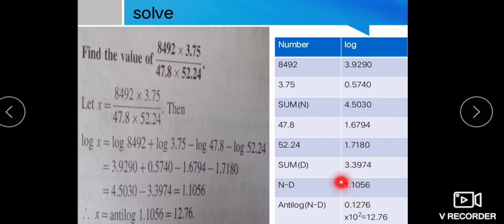You will get the number which corresponds to this division. When you add horizontally there may be mistakes, but vertically there are fewer mistakes. So you should try to add vertically, subtract vertically, and find logarithm and antilogarithm. Antilog of the result will give you the final value.